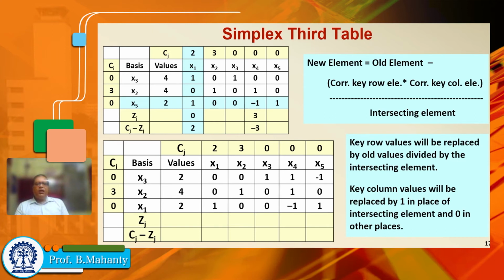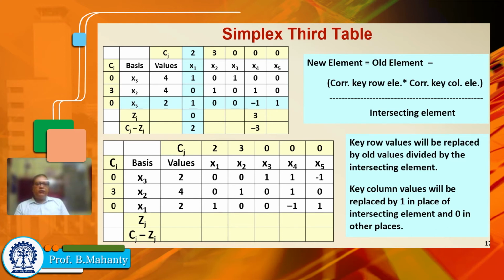So 1 remains 1. Then what will happen to this 0? This 0 will be 0 minus 1 into 1 by 1, so it will be minus 1. And what about this 0? 0 minus 1 into 0 by 1, so it remains 0. So that's all. Not many things are to be calculated. So based on that, the third table is obtained.